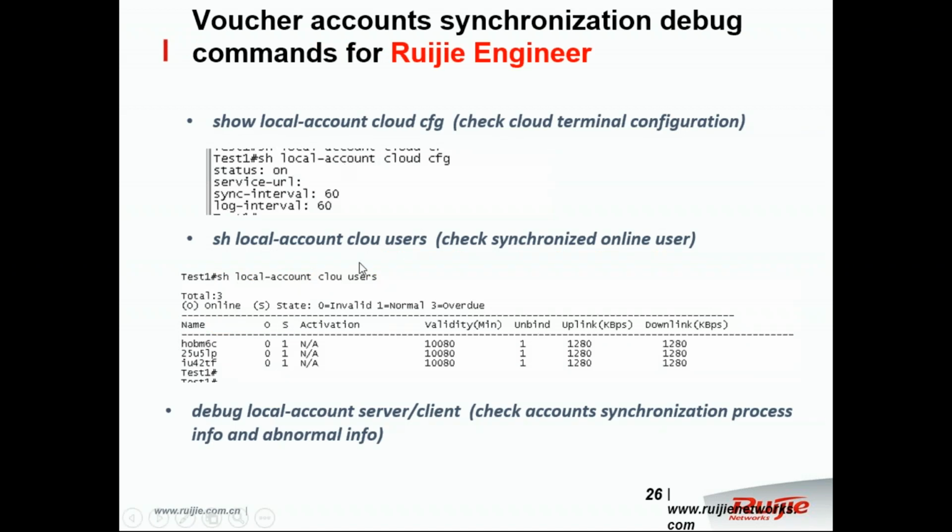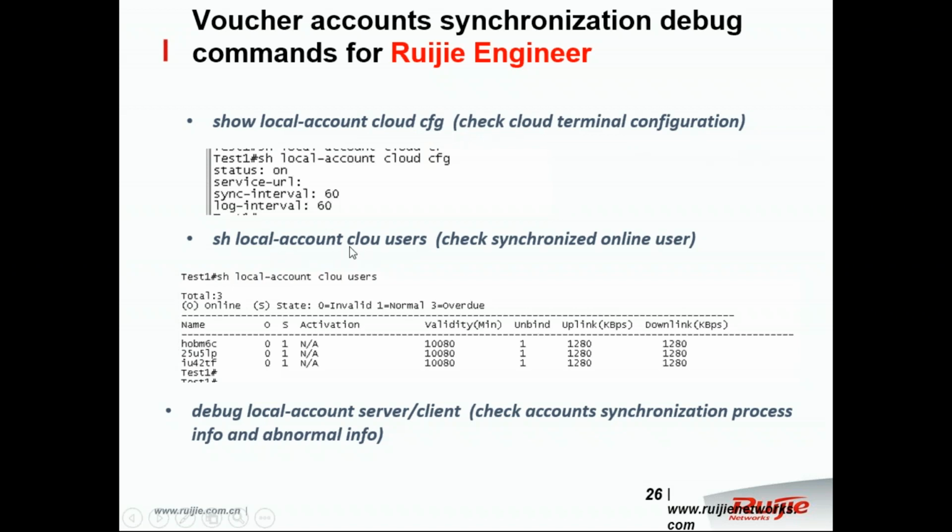Okay, and there are also 3 useful commands for when you have some serious problems and cannot figure them out. You can use the console line to show the local account CFG. This one shows the terminal's configuration.